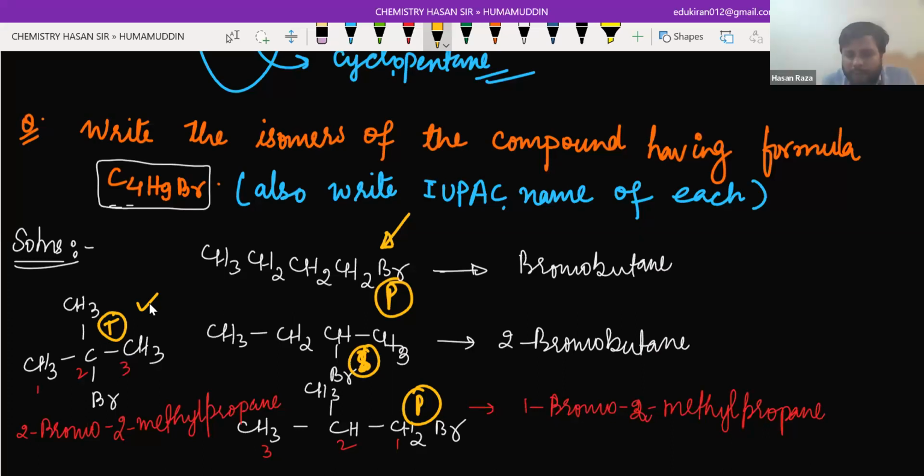Let me know when you are done with this. Austin, each and every isomer is correct, and the IUPAC names. Yes, sir. And the two isomers that you have drawn are correct. Yes, sir. Okay.